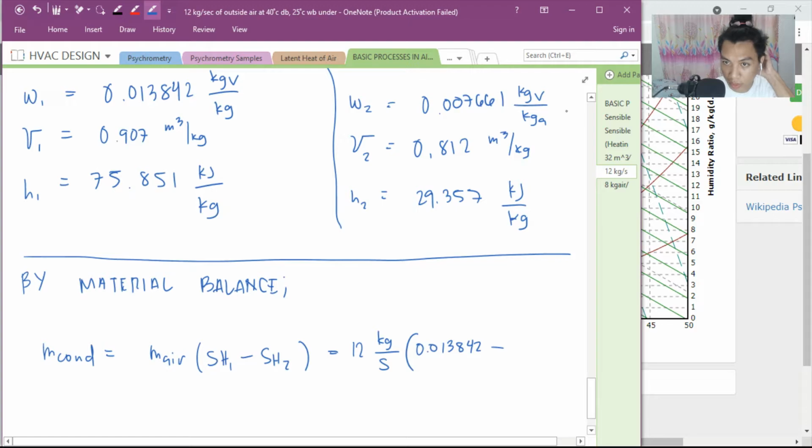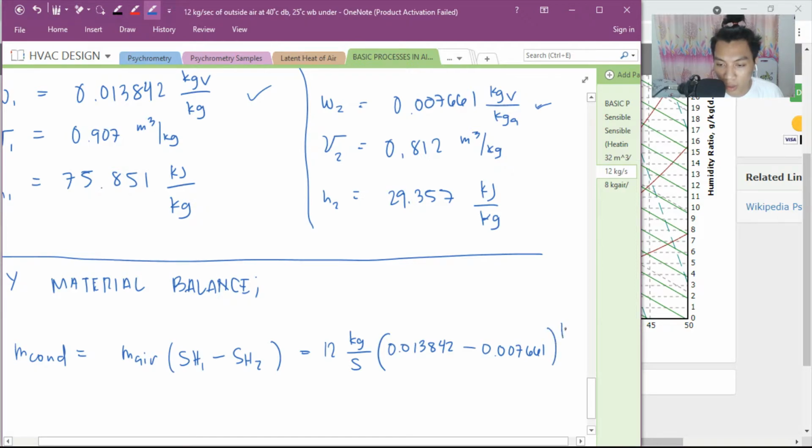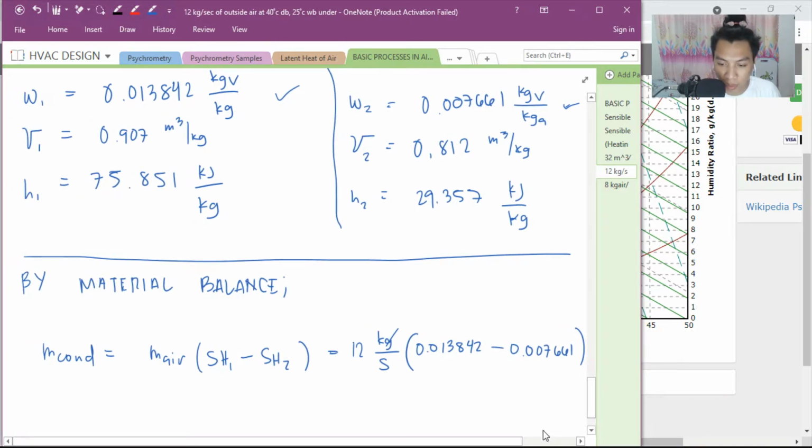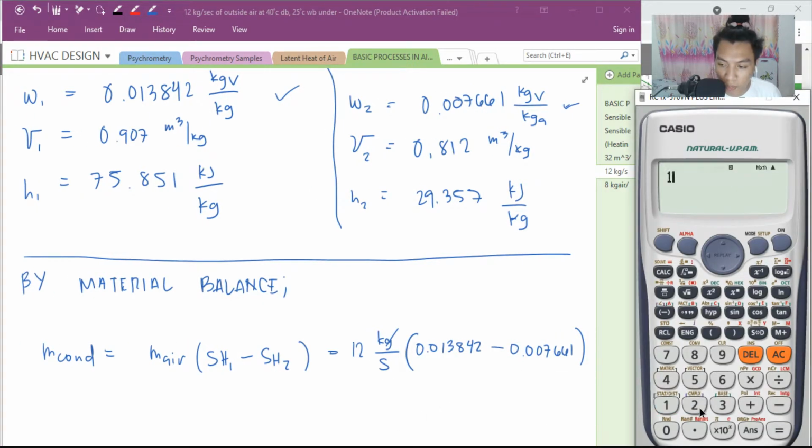Minus ito. Check natin. This one and this one. 0.007661 kilogram vapor per kilogram. Cancel to, cancel. Ang lumabas is kilogram per second. So, 12 times 0.013842 minus 0.007661.